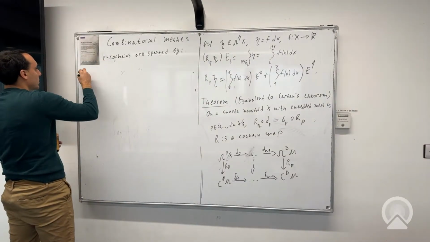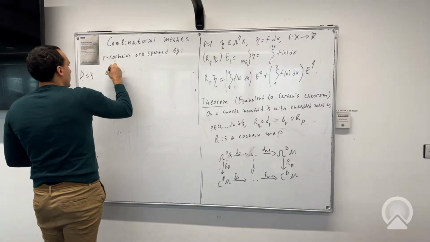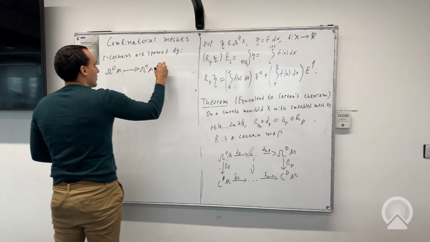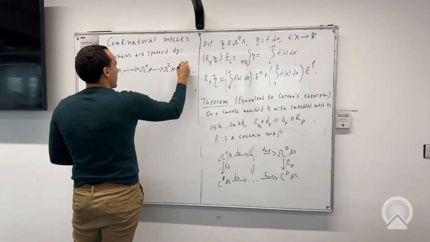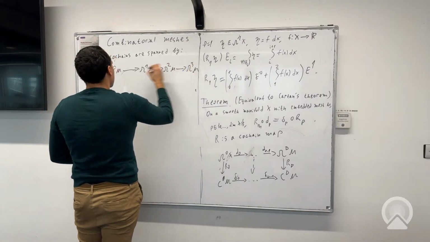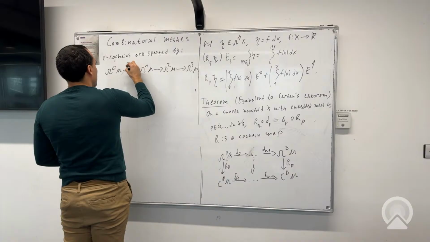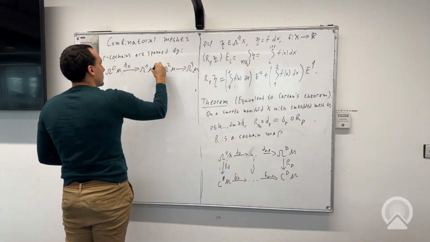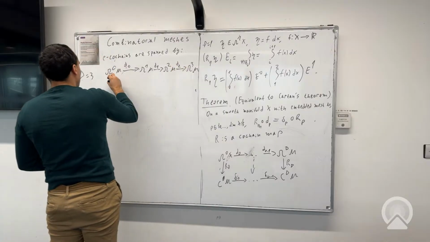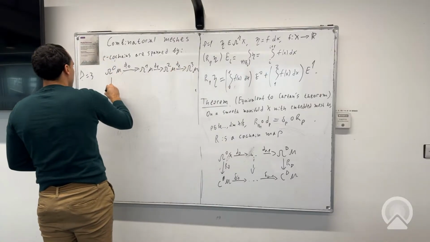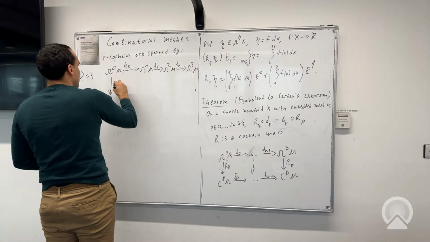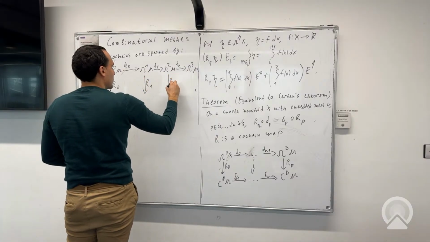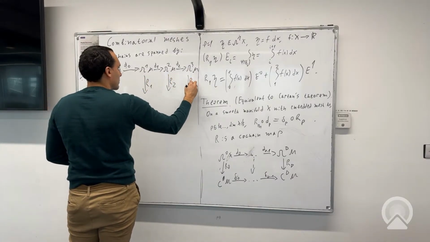So let me give an example in 3D. For d equals 3, we have omega 0, omega 1, omega 2, omega 3, with d0, d1, d2, and we have R0, R1, R2, R3.